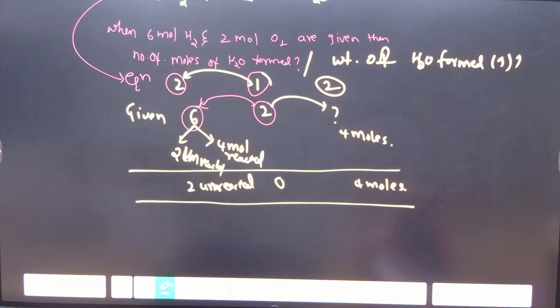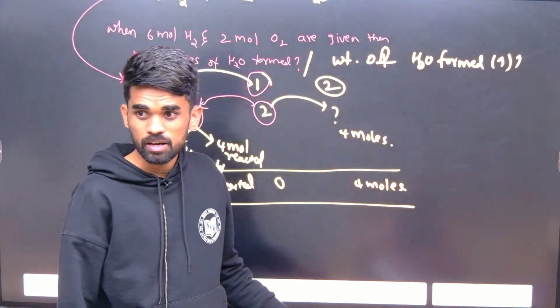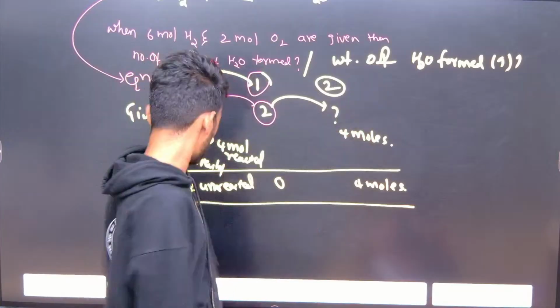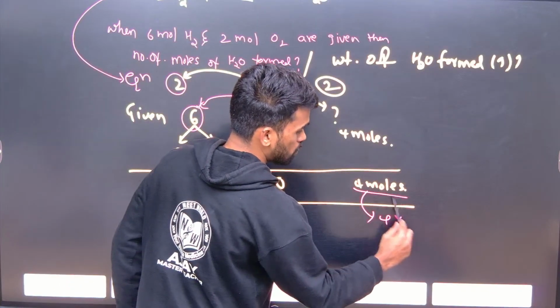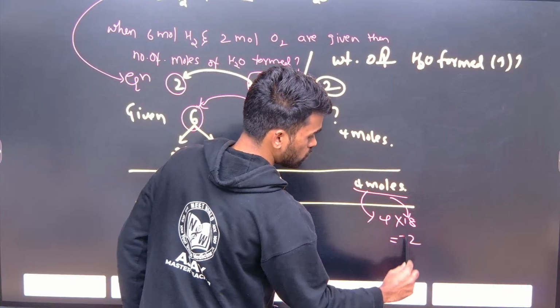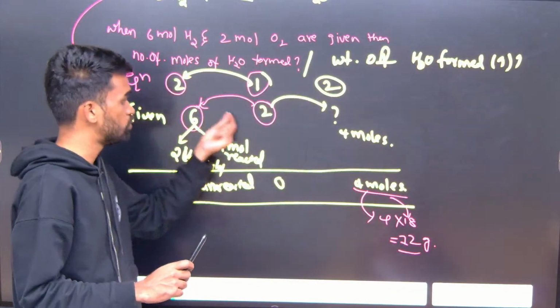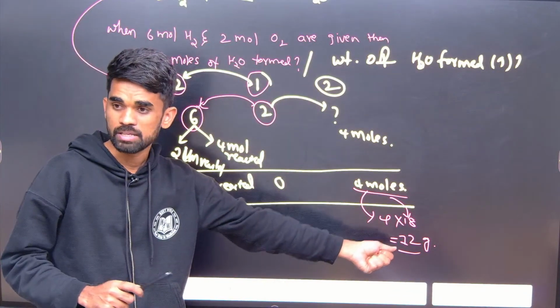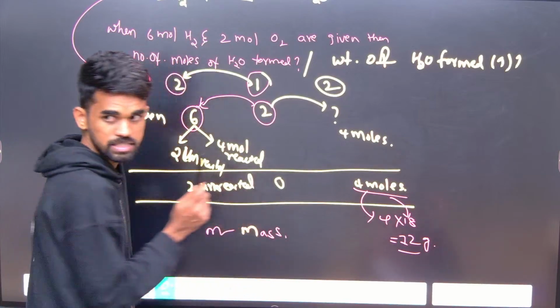Got the answer? How much mass is it? How many moles did you get? 4. So 4 into each mole, what is the molecular weight? The molar mass is 18. So it will be 72 grams. Now what did you relate? Number of moles to mass. So you got the mole to mass ratio now. Is this clear or not?